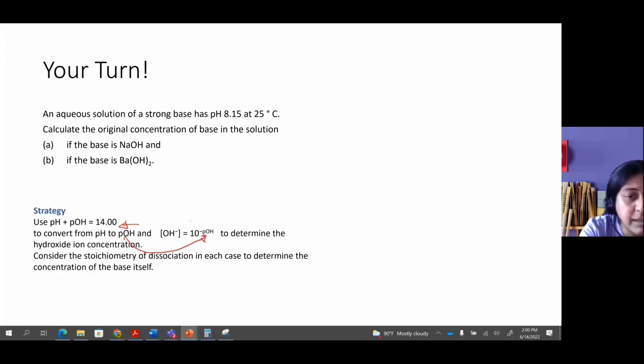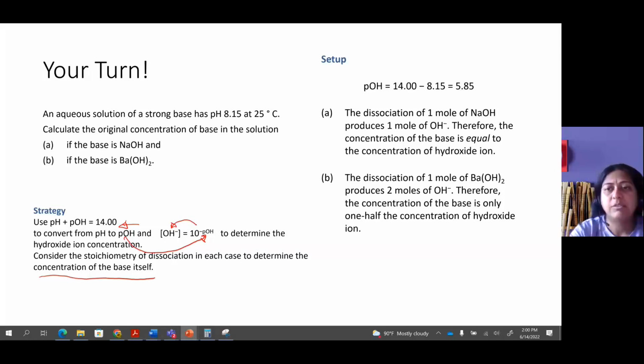Using the pOH value, we can calculate the OH minus concentration. The hydroxide ion concentration will be helpful in determining the concentration of the base itself. So we calculate the pOH first.